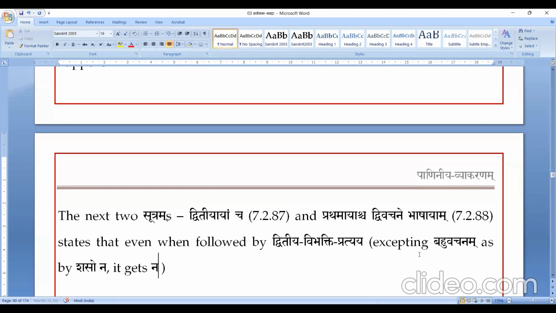So accepting that, Dvitiya Vibhakti Ekavachanam is accepted.